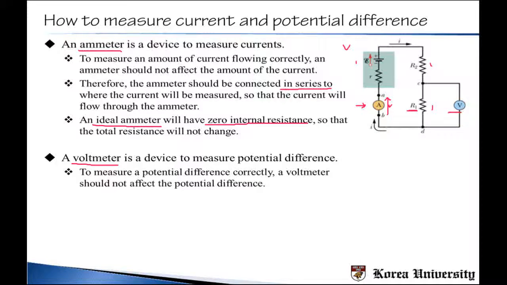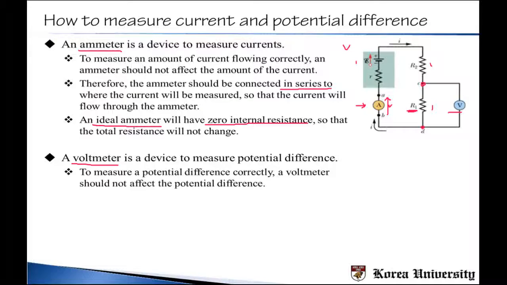This device with the letter V is the voltmeter. It is connected to R1 in parallel, right? So it's connected to C and D. So it is effectively measuring the potential difference across this resistor R1, or you can also say that it's measuring the potential difference between two positions, C and D, okay?